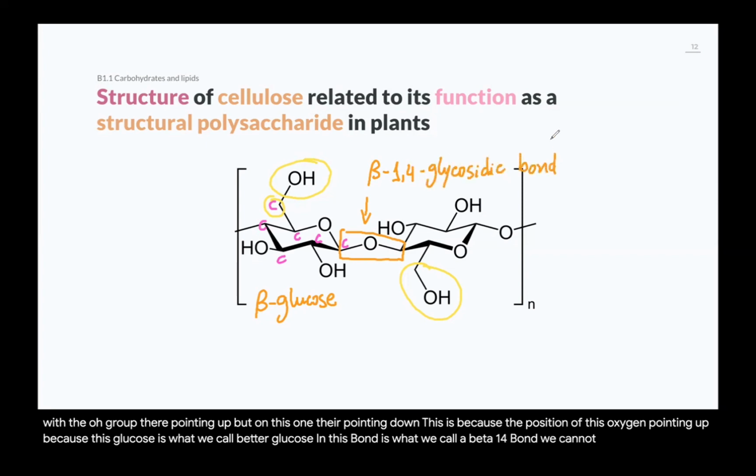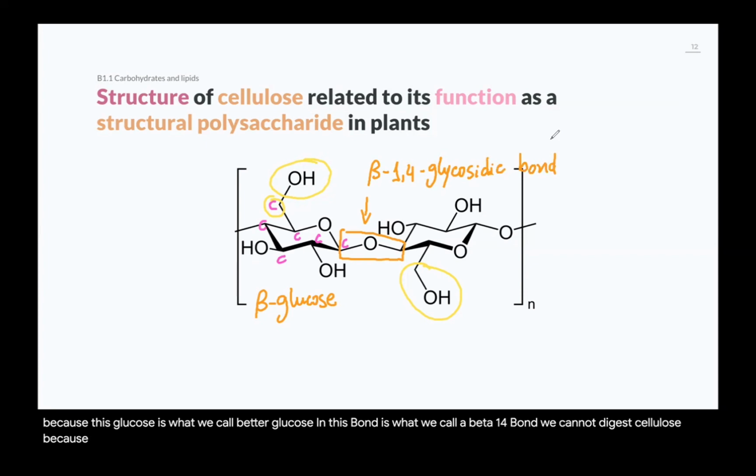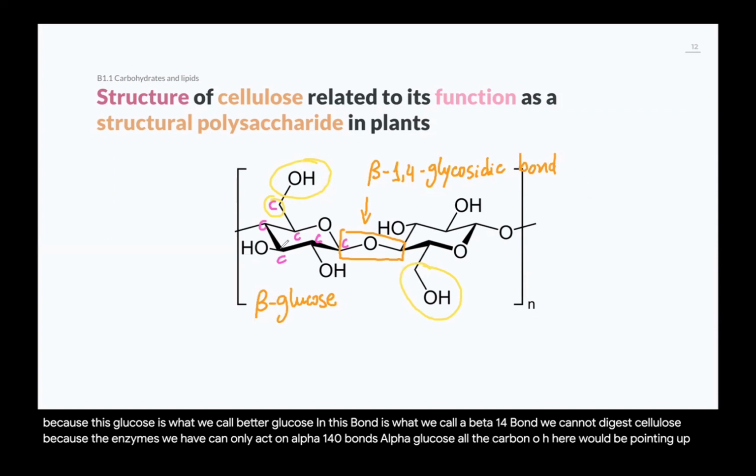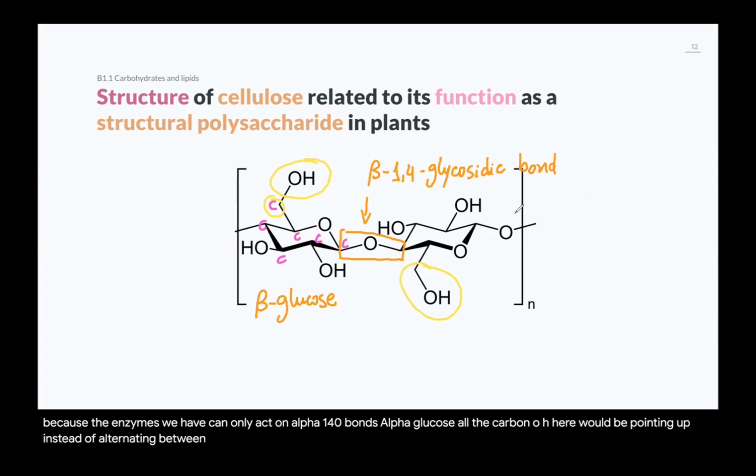We cannot digest cellulose because the enzymes we have can only act on alpha 1,4 glycosidic bonds. If we had alpha glucose, all the carbon OH here would be pointing up instead of alternating between up and down. So because of this difference in shape, there's a huge difference in function.